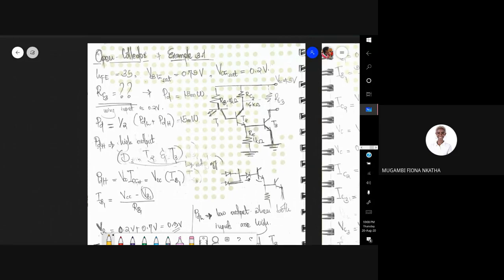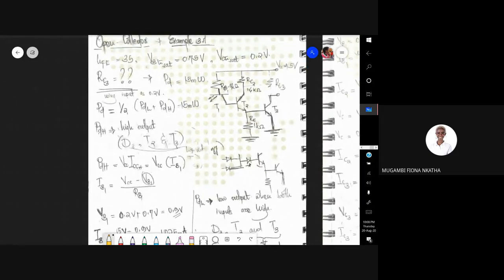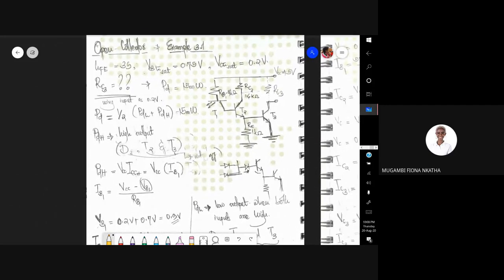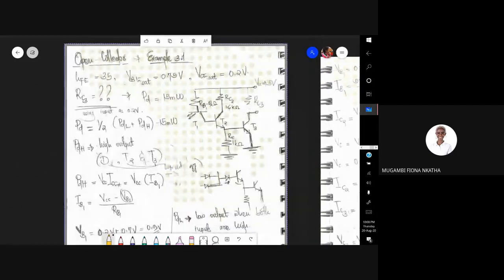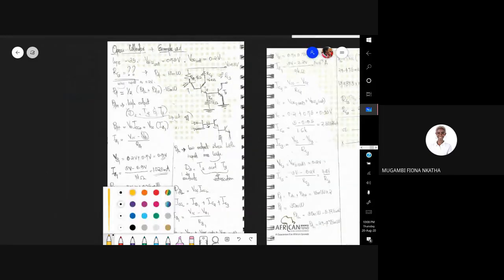If anyone has a question, please ask. So for PDH, because T2 is in cutoff and T3 is in cutoff, we cannot take into account current IC2.